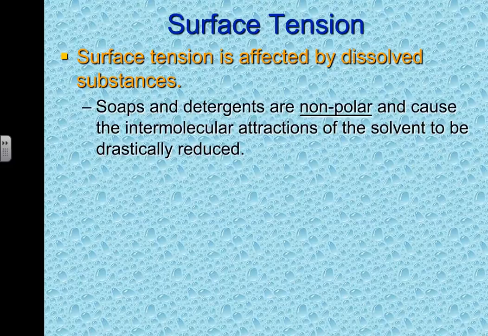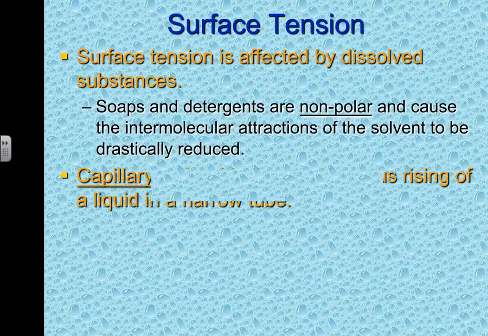Soaps and detergents are nonpolar. And so what they do is they actually get in between water molecules and they cause the intermolecular attractions of the water to be drastically reduced. So when I say of the solvent to be drastically reduced, I'm talking about the actual water. And so if the intermolecular attractions of the water are reduced, then you're going to have much lower surface tension, which means it won't stick together in droplets quite as well.